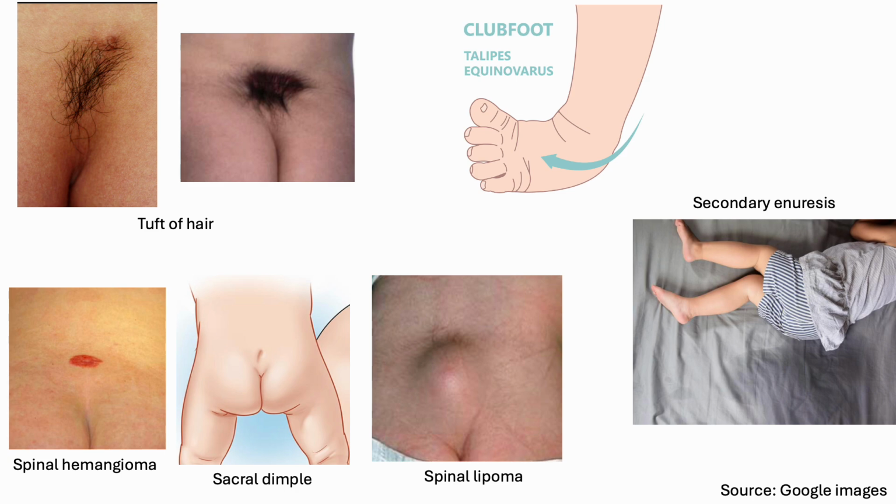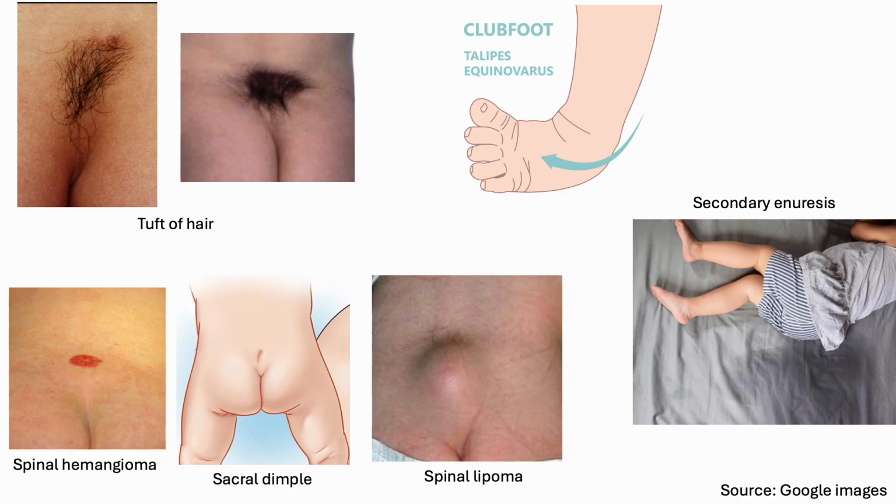Orthopedic abnormalities such as talipes equinovarus, also known as clubfoot, can also be present at birth in patients with neural tube defects. Changes in motor skills including new onset or worsening weakness, walking pattern changes such as toe walking or waddling gait, loss of previously acquired motor milestones, and asymmetry in motor function can all raise suspicion for an underlying spinal pathology.